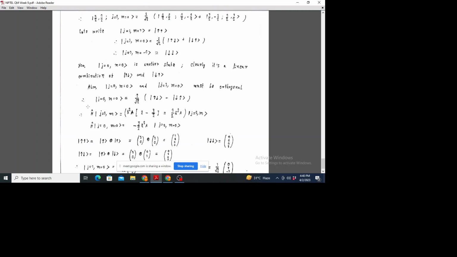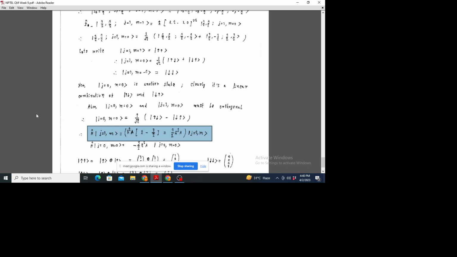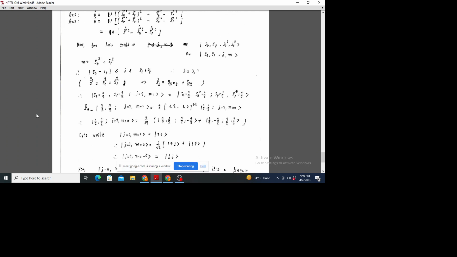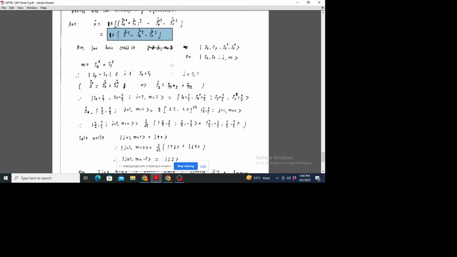Now we can simply act with H and find the eigenvalues. So J equal to 1. H was a square minus ac square minus sp square.